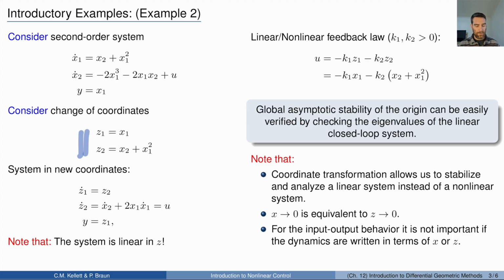And now we can analyze the linear system instead of the nonlinear system, and we can still observe that x going to 0 is equivalent to z going to 0, meaning the convergence properties are preserved.